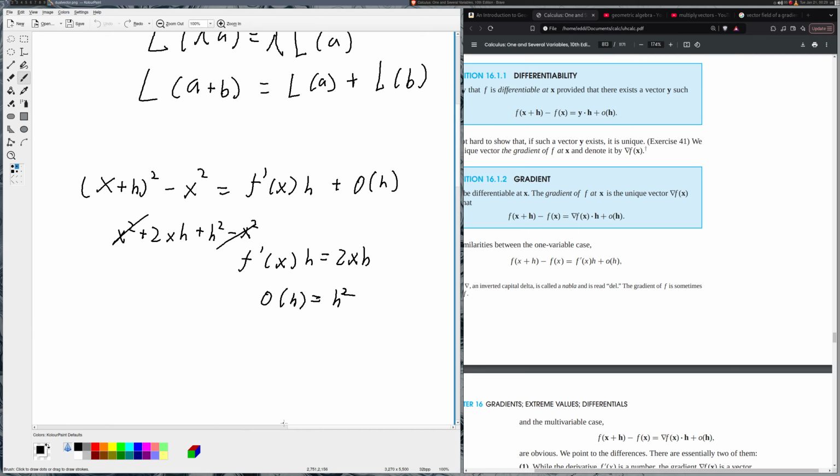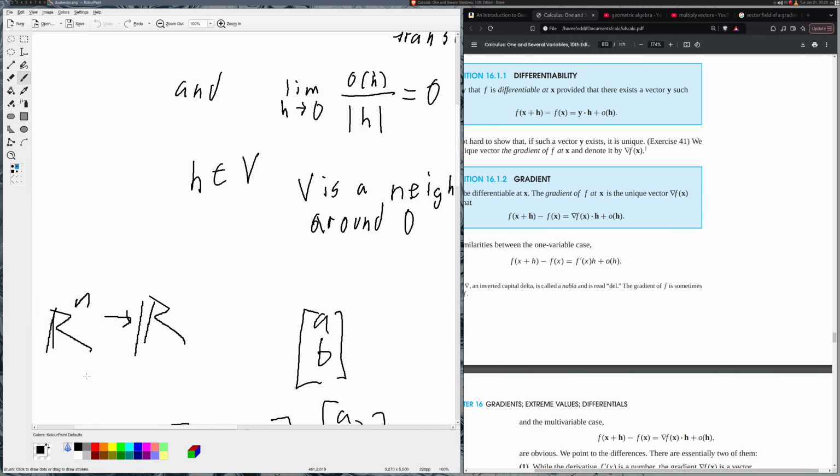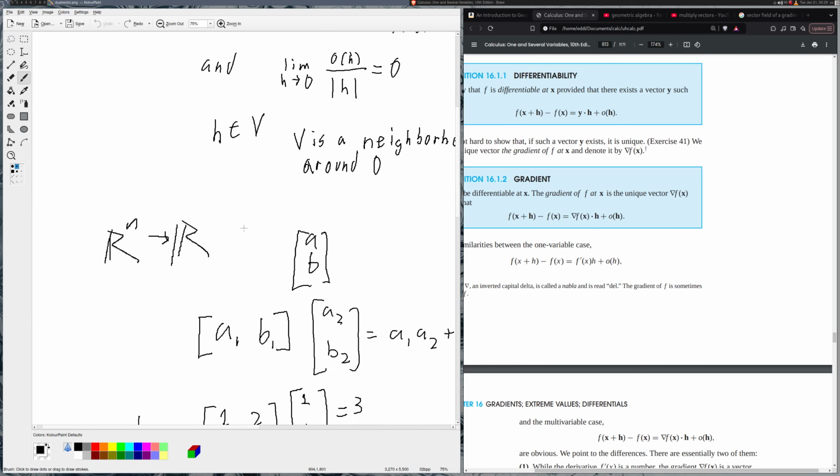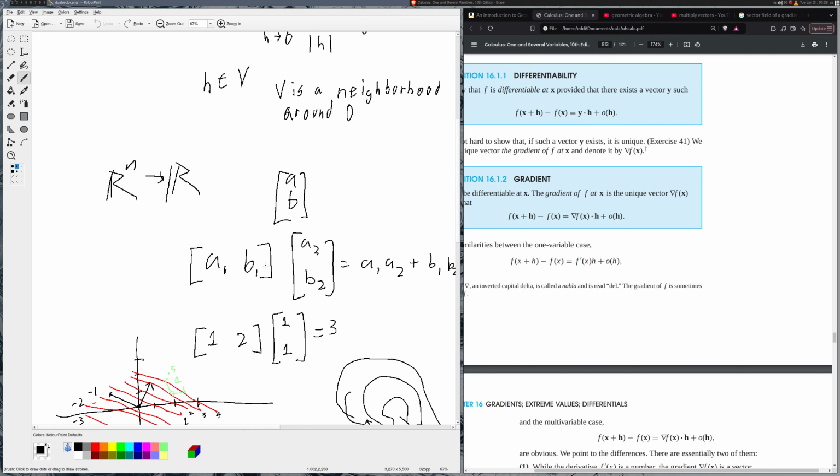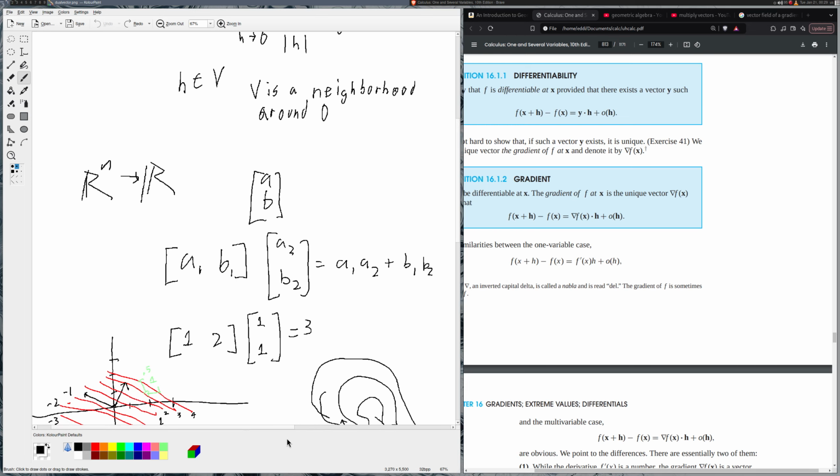But in higher dimensions, what is this? If it's not the vector of steepest ascent, it is actually a covector, and this is why the dot product works, because of how a covector acts on a vector. A covector is a linear transformation of the vector.